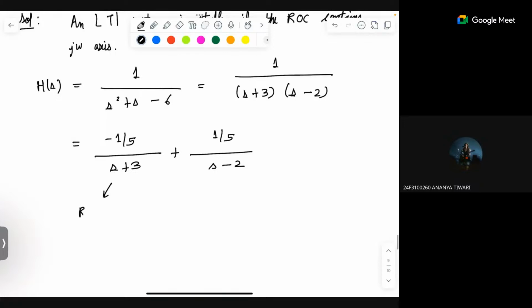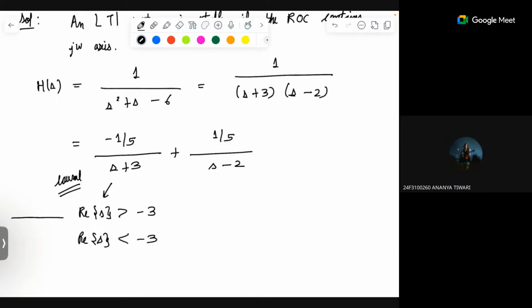Now let us look at the ROCs. For this, it is real of s greater than minus 3, when the first one is considered to be causal. If it is not causal, then ROC will become real of s less than minus 3. If it is less than minus 3, can we ever have j omega in the ROC?